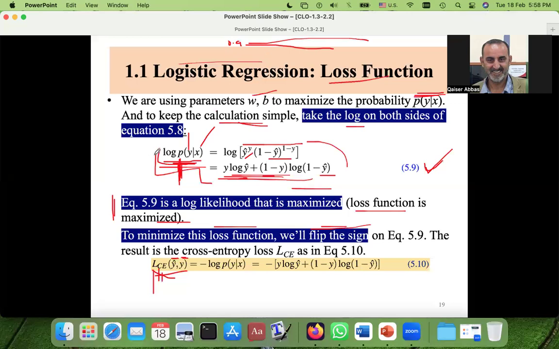Okay, and then we are putting a minus sign here on the left hand side and also a minus sign on the right hand side of equation 5.9, and we are simply getting equation 5.10. I'm not explaining 5.9 again, since we already discussed it there, so it is easy for me to just quote that equation.